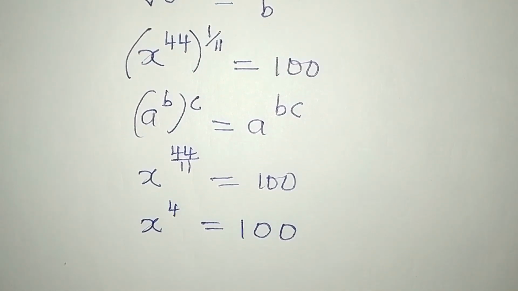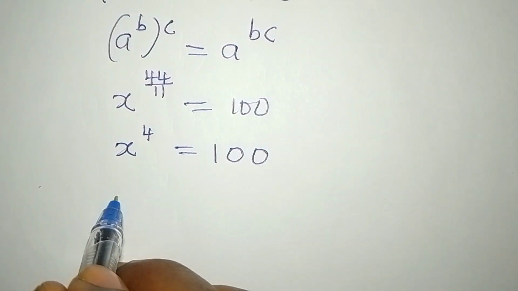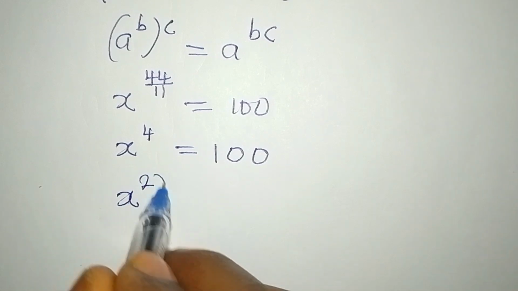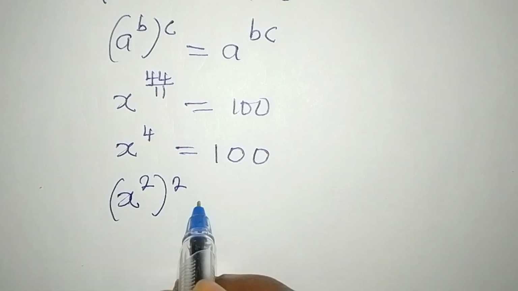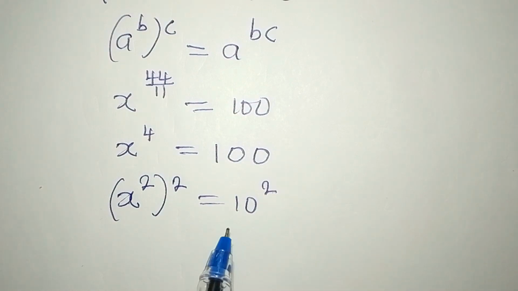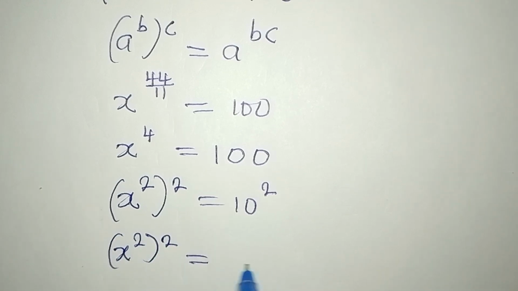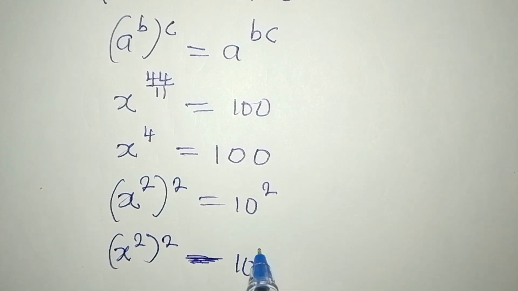From here we can express this as x squared, squared, equal to 10 to the power of 2. I'm doing this because I want to apply difference of two squares. So I'll take this to the left: x squared squared minus 10 to the power of 2 equals 0.